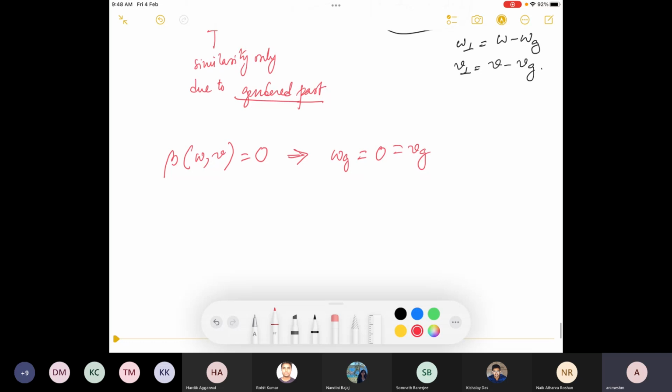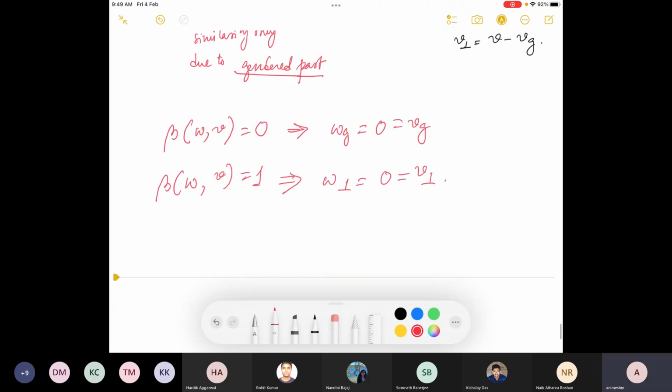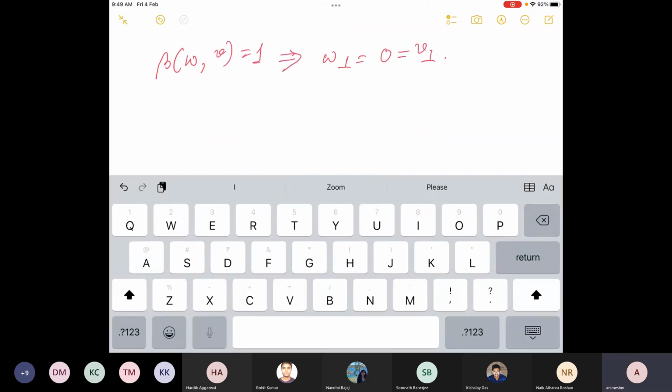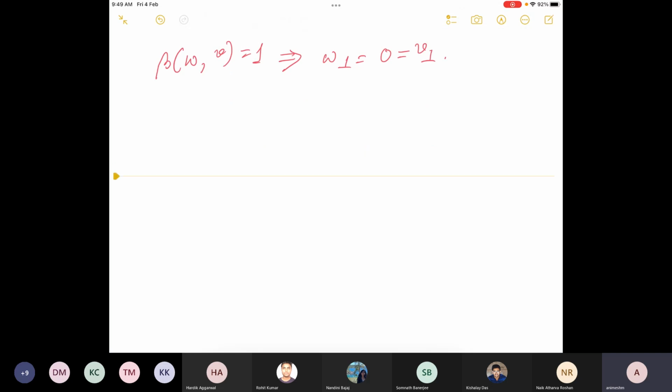And on the other hand, if beta WV is 1, then the other part is 0. The entire similarity is because of the gendered part. Now you have quantified both the direct bias as well as the indirect bias in your data set.